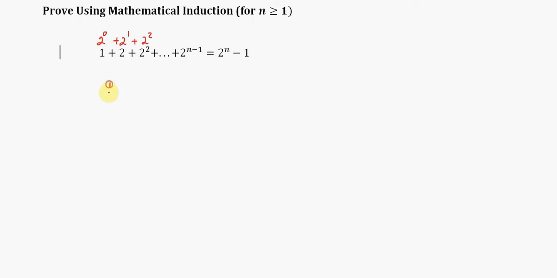Okay, so let's start with the base case. On the left-hand side, we would just have 2 to the 1 minus 1. Okay, and on the right-hand side, we have 2 to the 1 and then minus 1.